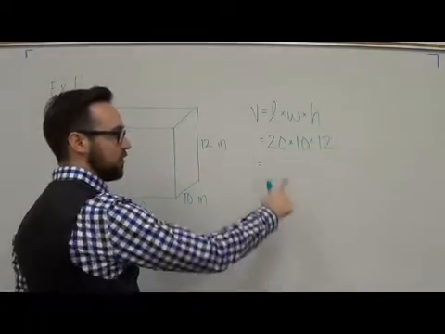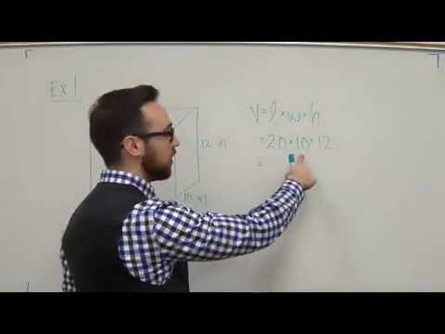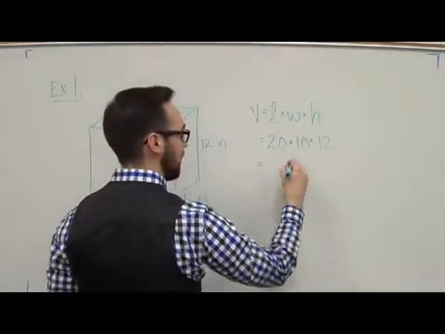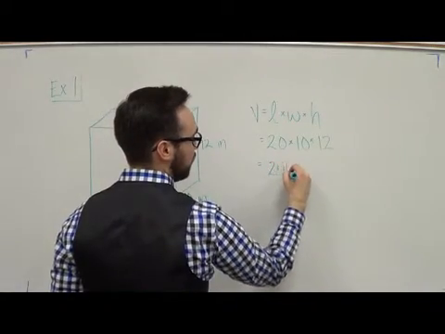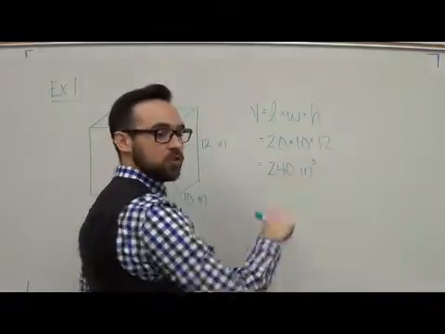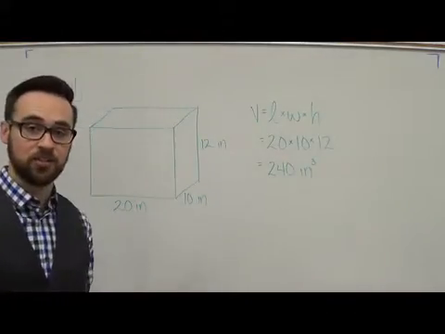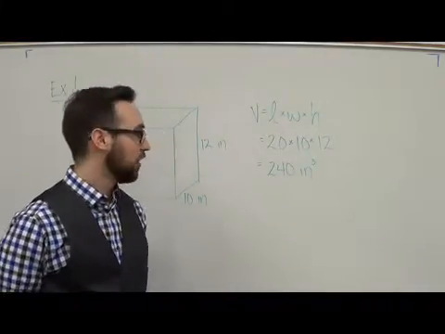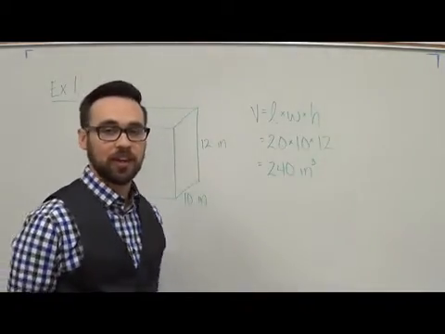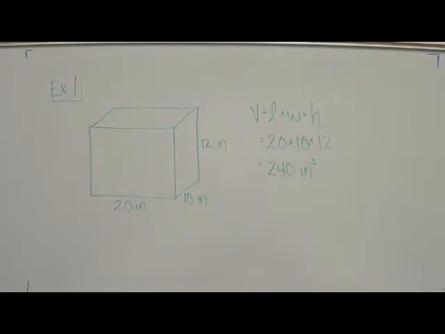So 20 times 10 is going to be 200, times 12, well 12 times 2 is 24, add in that 0, and we have 240, and now it's inches cubed. So it's 3, because there's 3 dimensions that go into that figure. It's your length, your width, and your height. So 240 cubic inches is how we would say and write that. So not too hard, right?